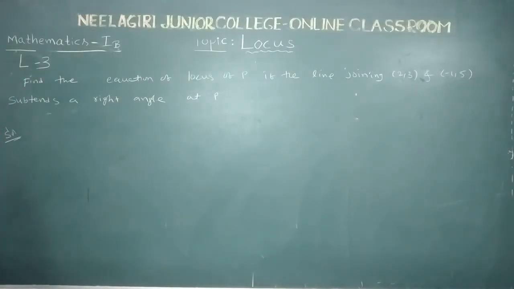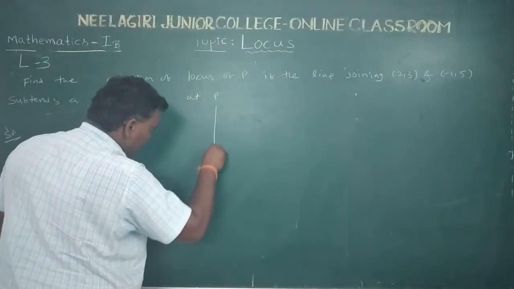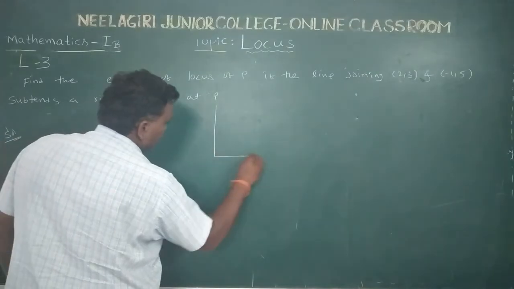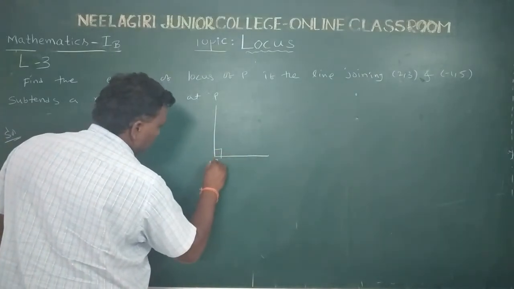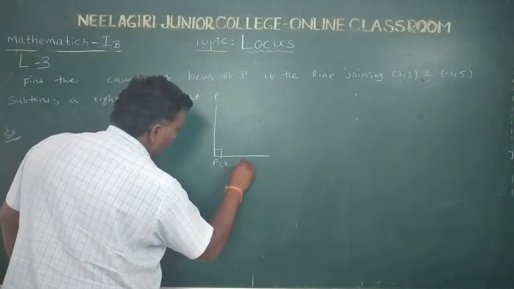Find the equation of the locus of P if the line joining the points A(2,3) and B(minus 1,5) subtends a right angle at P. P is nothing but P(x1,y1).